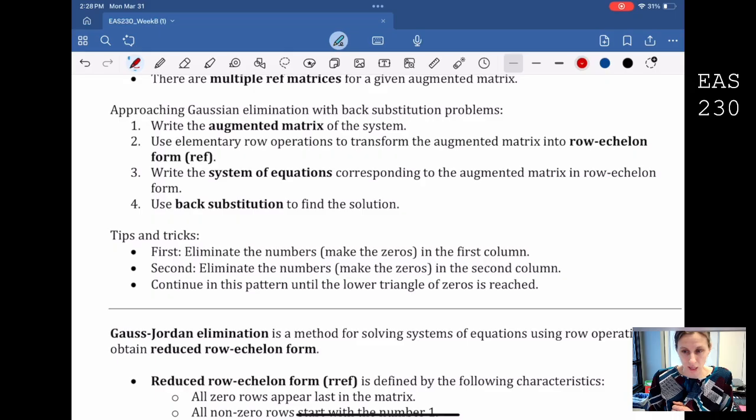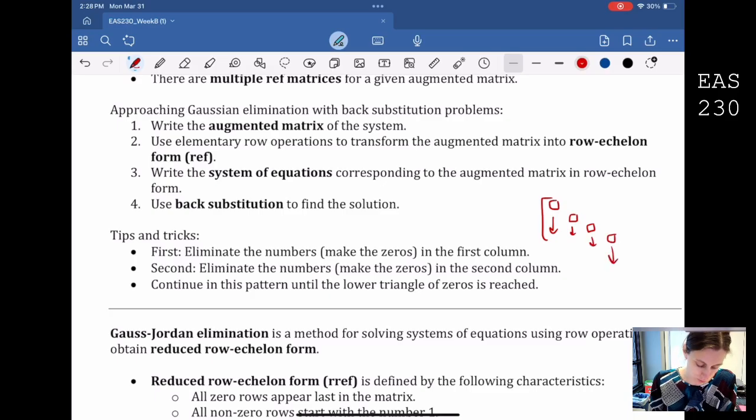Some tips and tricks. First, find all the zeros in the first column. So given our pivot in the first row, find all of these zeros first. And then identify our pivot in the second row and find all the zeros below it. And then identify our pivot in the third row and find all the zeros below it.